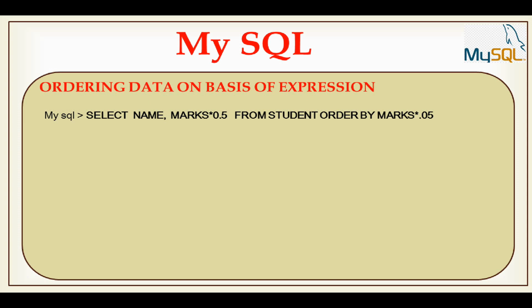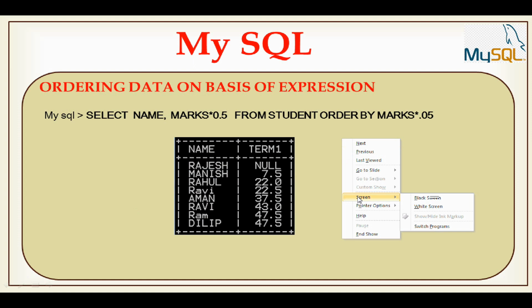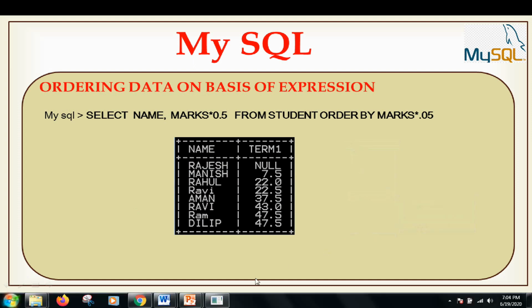For example, suppose you want to arrange the records of the student table on the basis of half of their marks in ascending order. You can write a query, select name, marks, marks*0.5 from student order by it, and then you will get all the students ordered on half of their marks.